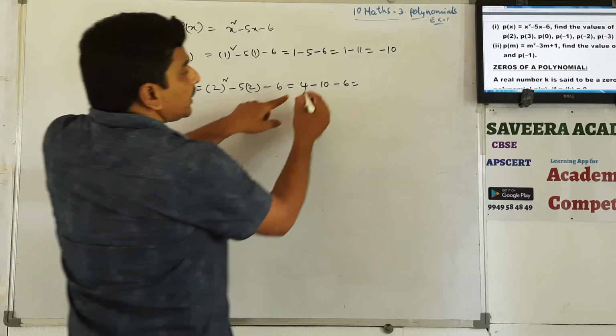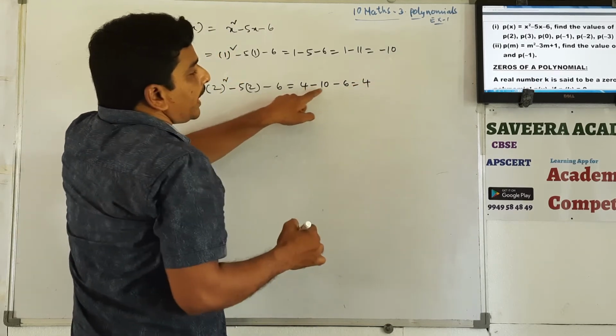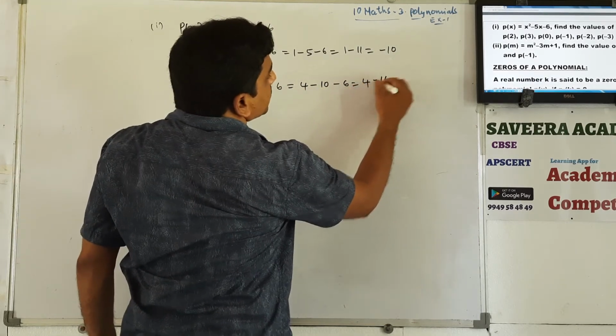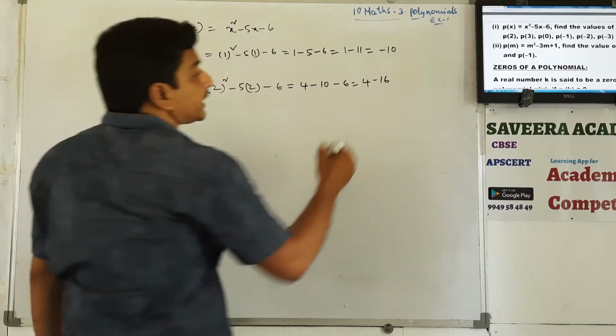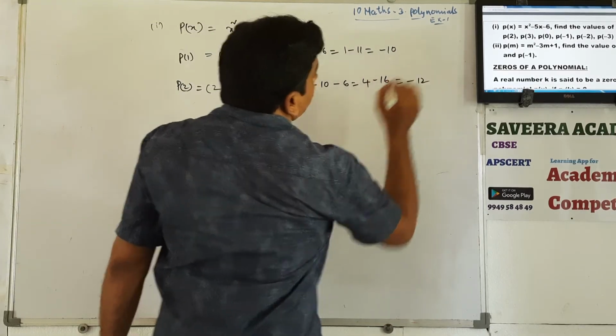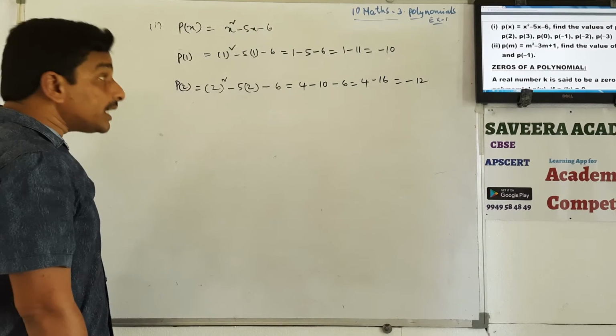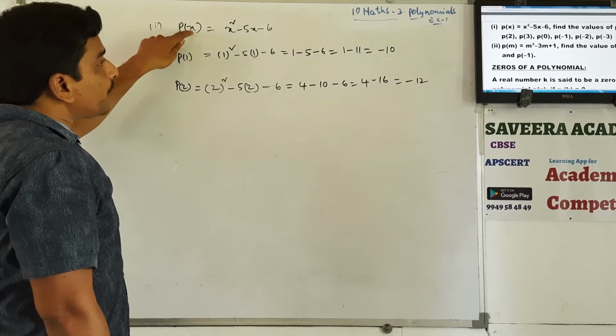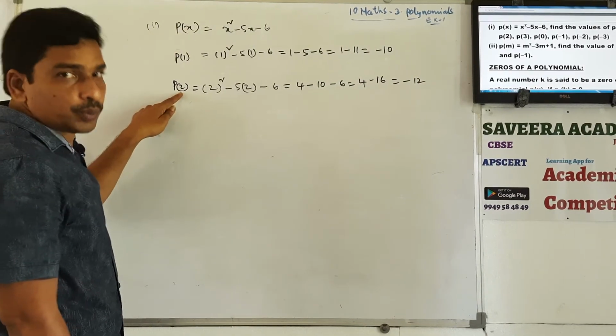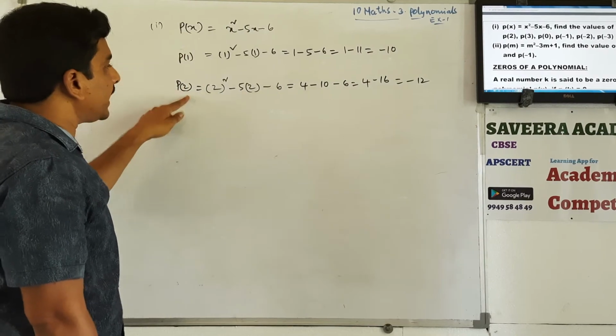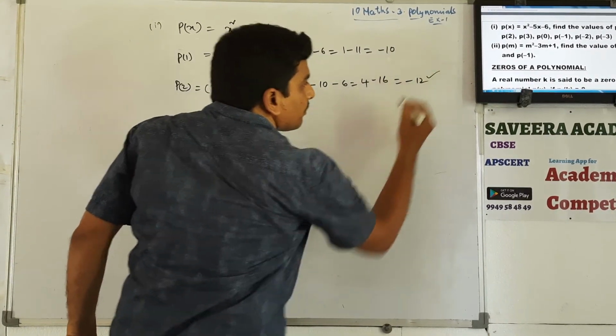This is 4 minus 10, minus 6, minus 16... So this is equal to total minus 12. It is nothing but the value of p of x at x is equal to 2. Okay, the value of p of x at x is equal to 2 is minus 12.